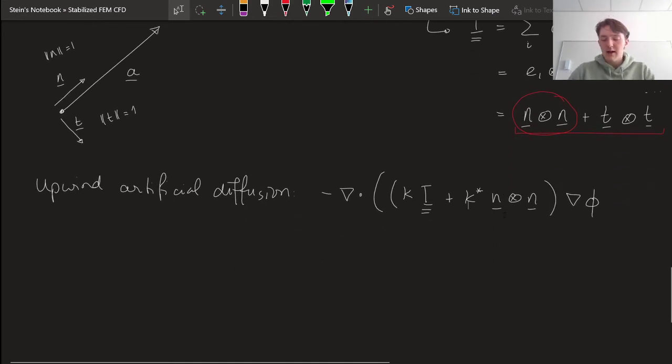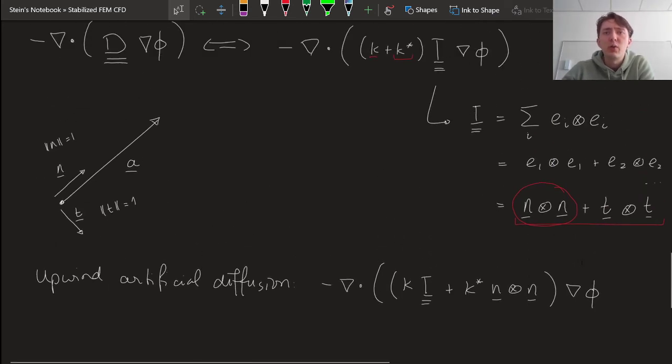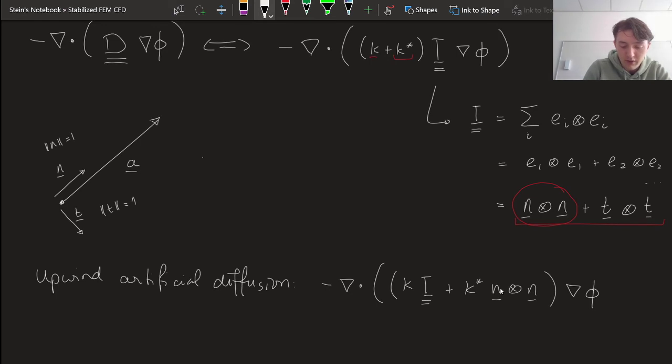So now that's going to be a bit tricky, right? How do we now incorporate this into some sort of numerical approximation where we don't want to write the basis n? But we can actually do this quite straightforwardly because we know n is going to be in the direction of a, so I'm simply going to say that n is going to be equal to a, normalized, so divided by the magnitude of a.